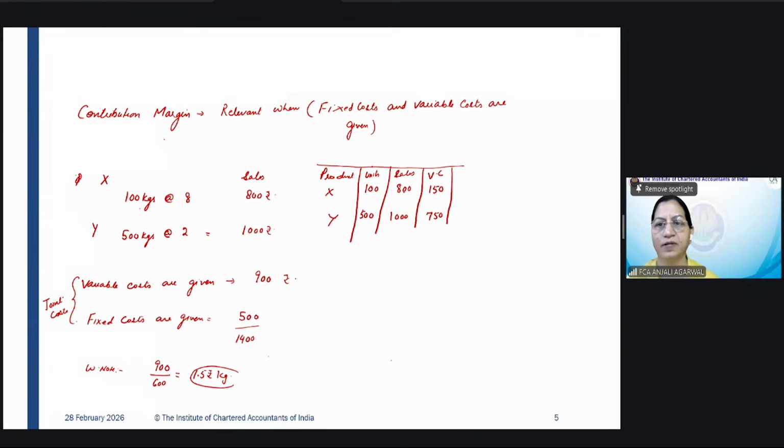So after subtracting the variable cost from sales, you get contribution as 650 is to 250.